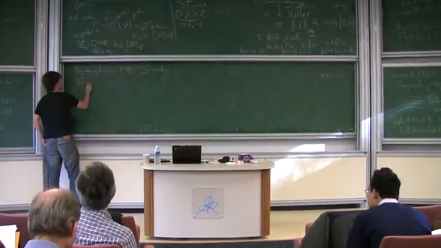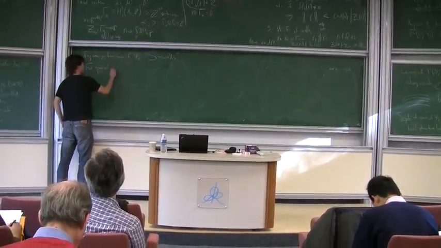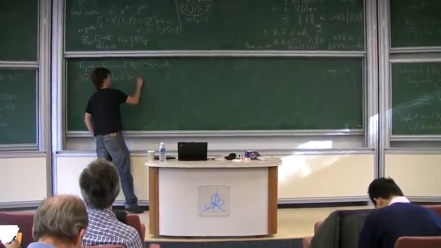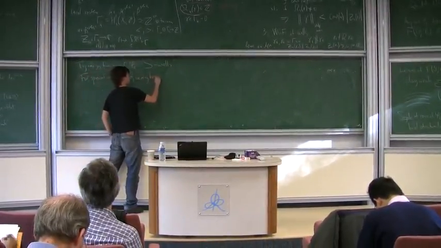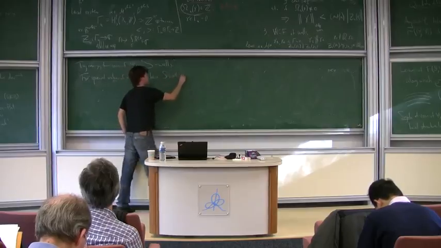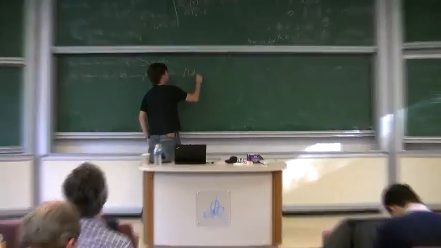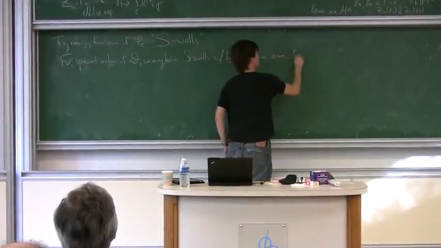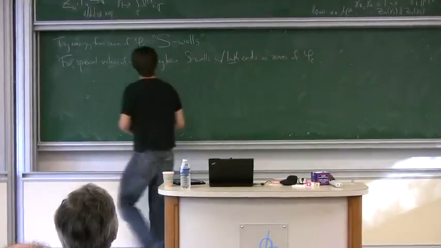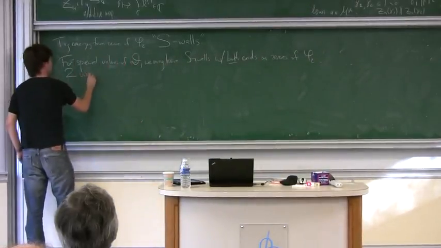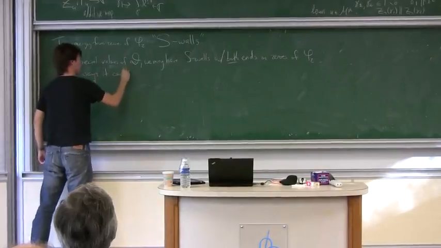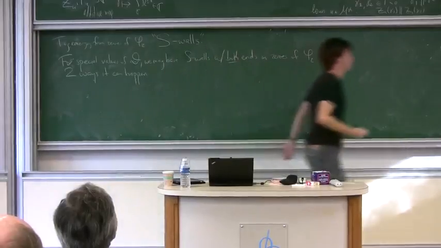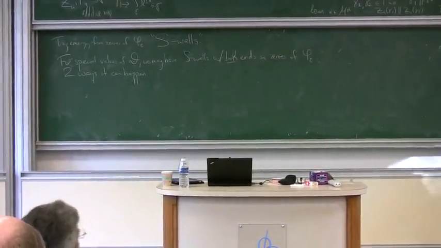So for special, non-generic values of theta, we may have S-walls that have both ends on zeros of phi 2. And there are two distinct ways that this can happen.